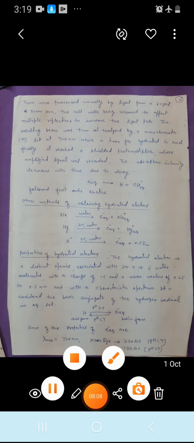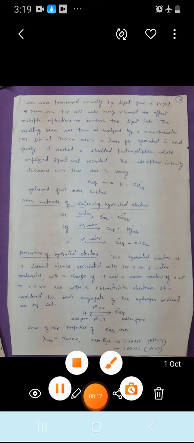Their decay products, when hydrated electrons decay, are H plus OH-(aq) ions. The electrode potential of this half cell, E naught for e- plus H+ converting into H, is about -2.77 volt at about 25 degree Celsius. So this is all about the hydrated electrons, their formation and their characteristics. Thank you.